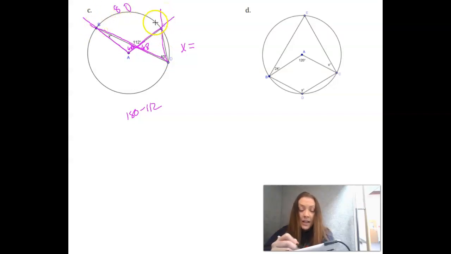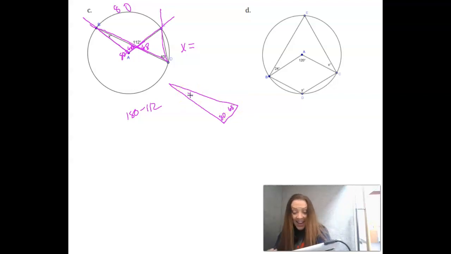And since the arc is 80, the central angle is 80 right there. And so I'm going to draw it over here. We've got this really skinny triangle that has an 80-degree angle here, a 68-degree angle there, and then X. Yay! So take those off of 180. Lots of triangle relationships. So X equals 32.